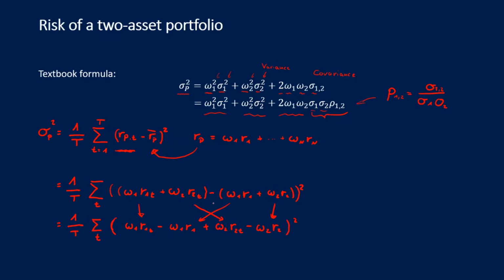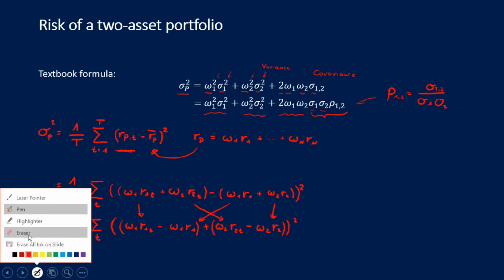Okay, so seemingly we now have here and here something that is very similar to the variance calculation of a single stock. Okay, so we can use this, but now we have to apply the dynamic formula. I just clean up the screen a little and then we're going to do that.